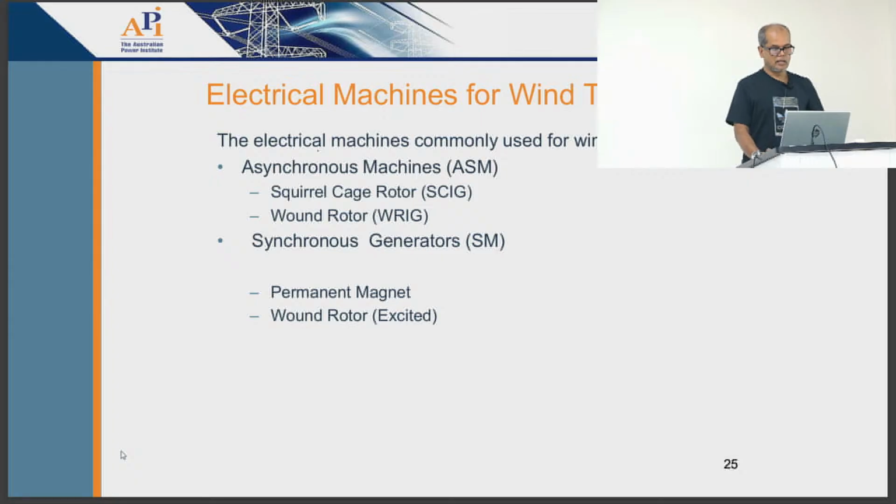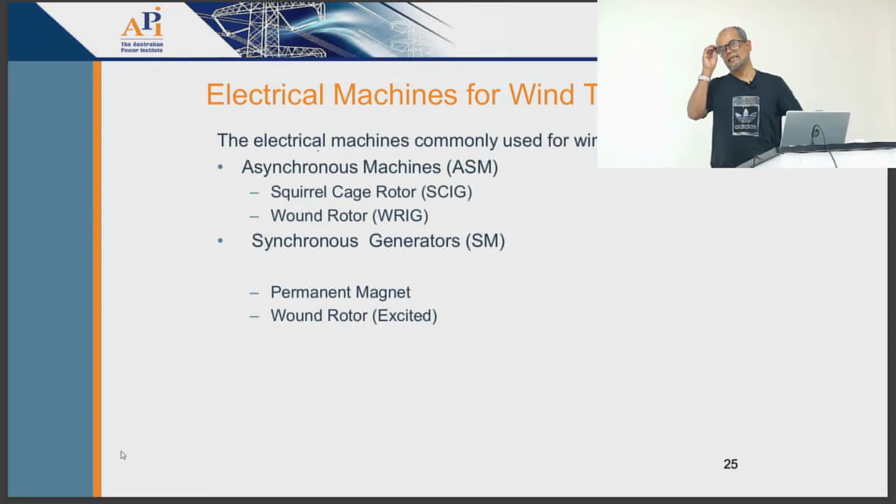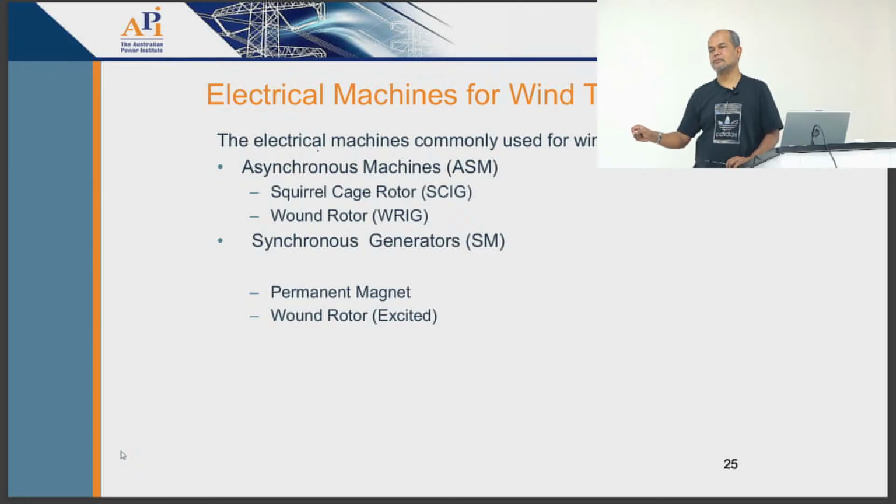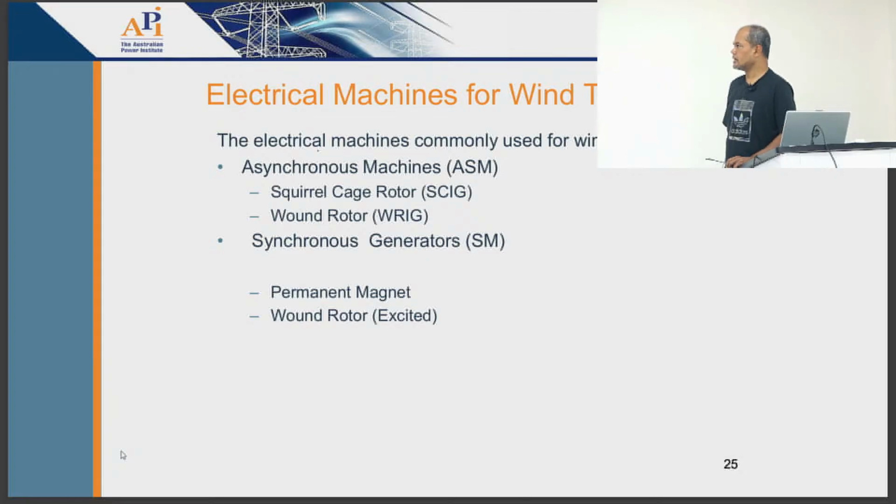Now, in terms of the generator, wind farms mainly use asynchronous machines. The normal generators we use in the power system are synchronous, but wind farms normally use asynchronous, although the next generation wind farms are also planning to use synchronous generators, mainly permanent magnet synchronous generators. But mostly they use asynchronous, which could be either squirrel cage or wound rotor type of machine.